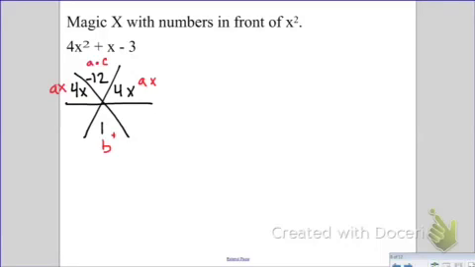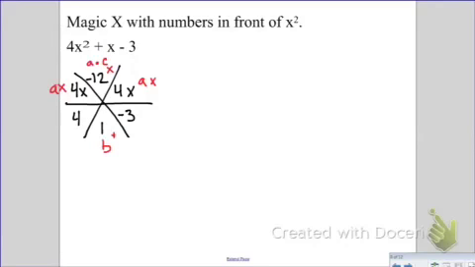What adds to make 1 and what multiplies to make negative 12. And when I think about that, I think I'm going to go with 4 and 3. And to make 1, I'm going to make this into a negative 3. 4 plus negative 3 is positive 1. 4 times negative 3 is negative 12, so it works.